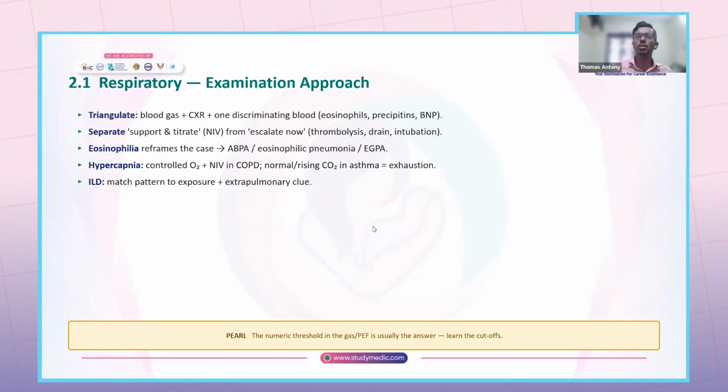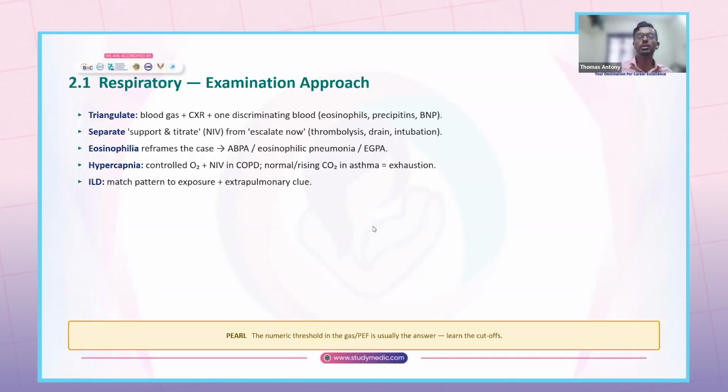So you should not rely on a single piece of evidence to come to a conclusion. Support and titrate NIV, or escalate now. So it depends on the condition and the severity of the patient, whether you have to observe the patient or intervene then and there. Now, eosinophilia reframes the case, if the patient is having ABPA, eosinophilic pneumonia, or EGPA.